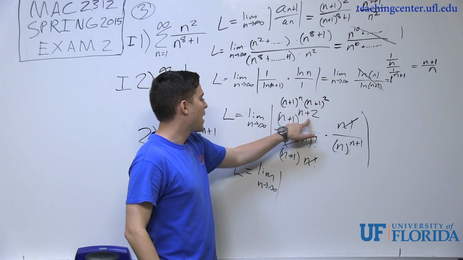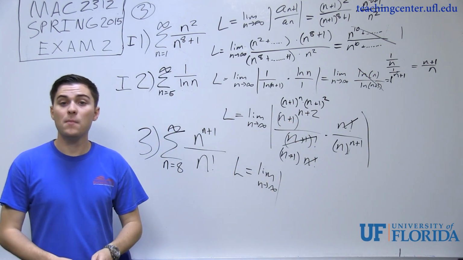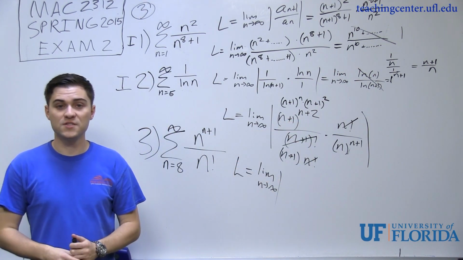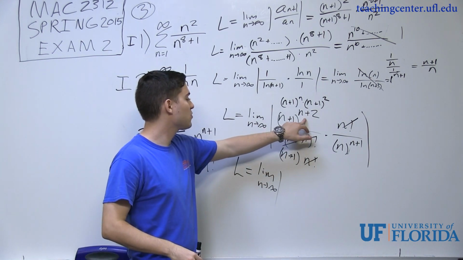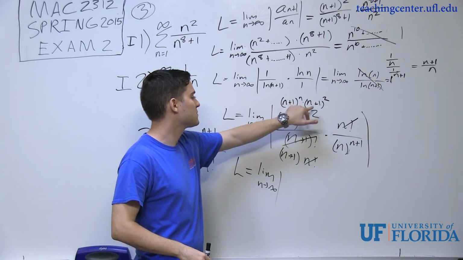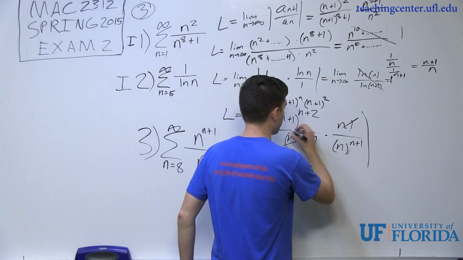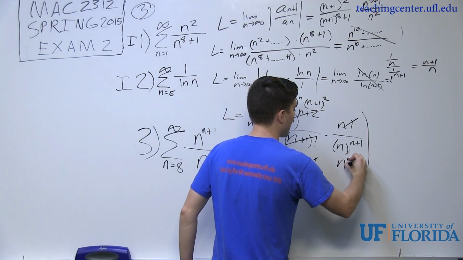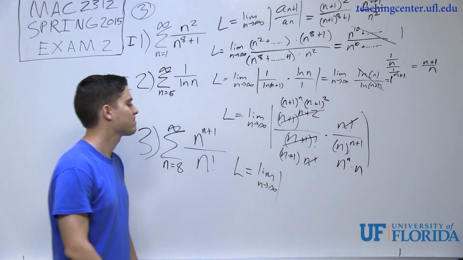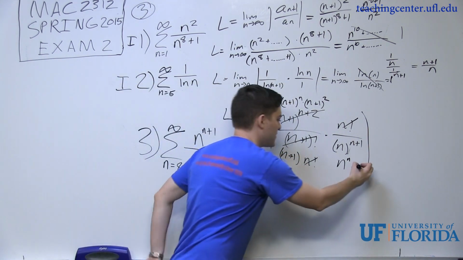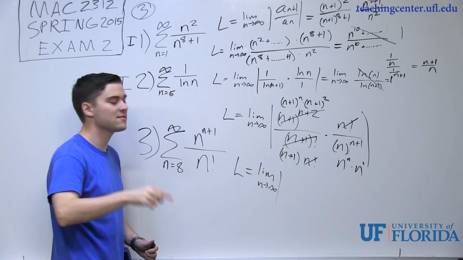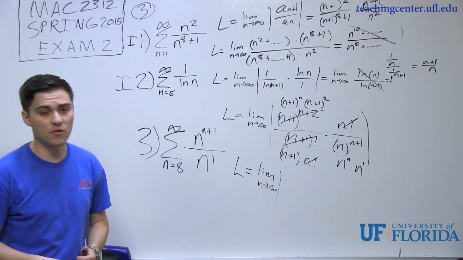Powers to the same base, you can always split them up and multiply those terms together. So n plus 1 to the n plus 2 becomes n plus 1 to the n times n plus 1 to the 2. Okay, same thing down here. I can also split this up: n to the n times n, and this n is also n to a first power. So n to the n times n to the 1 gives me n to the n plus 1.